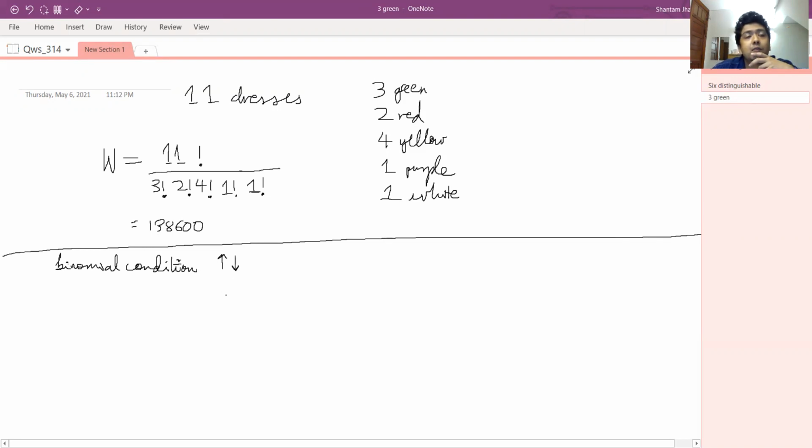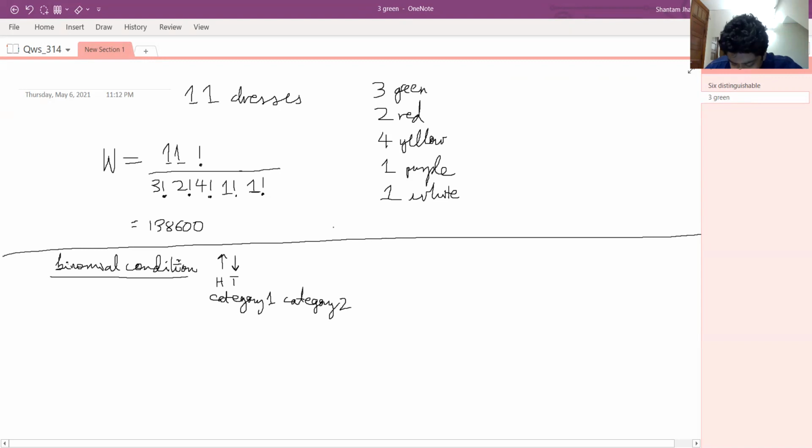I'm thinking of my coin being either heads or tails. Basically 2 categories where there is a category 1, and if I'm not in category 1, I've got to be in category 2. That's the binomial condition. If I'm not heads, I'm tails.